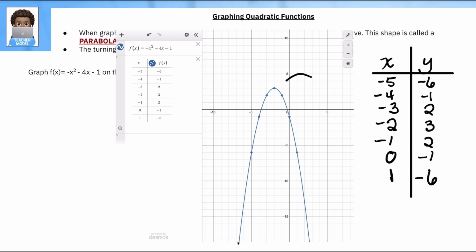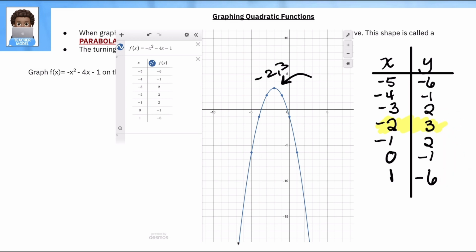Okay, so let's identify. We can see here our vertex is happening at -2, 3. So I'm going to identify that same thing. Even if you don't have the graph, I can see the turning point here because my numbers are increasing: up 5, then up another 3, then up 1, and then it turns the other way, down 1, down 3, down 5.